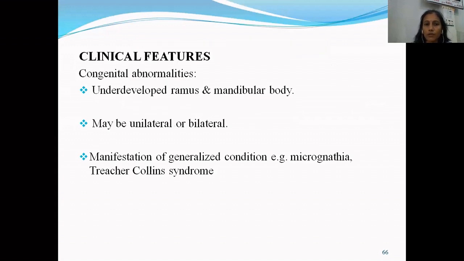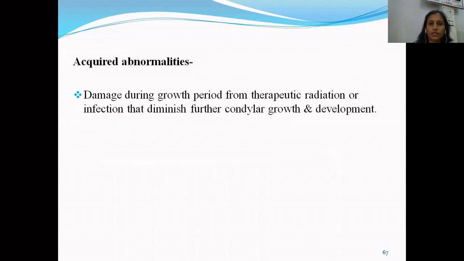The congenital abnormalities include underdeveloped ramus and mandibular body, and this condition may be unilateral or bilateral. It is usually generalized in a few syndromes like Treacher Collins syndrome. Acquired abnormalities are damage during the growth period from therapeutic radiation or infection that diminishes further condylar growth and development.